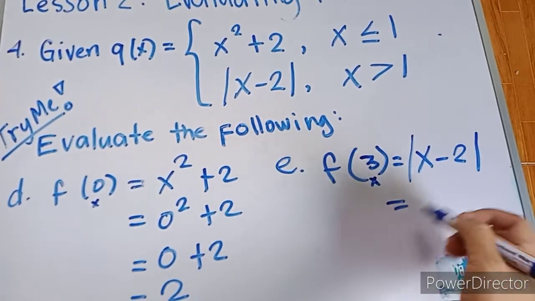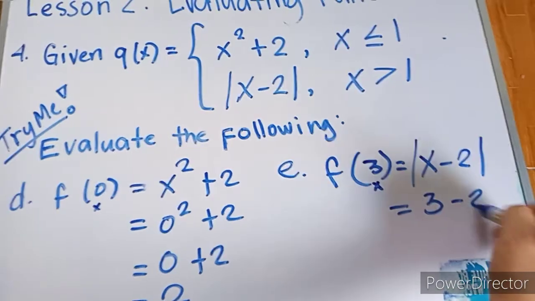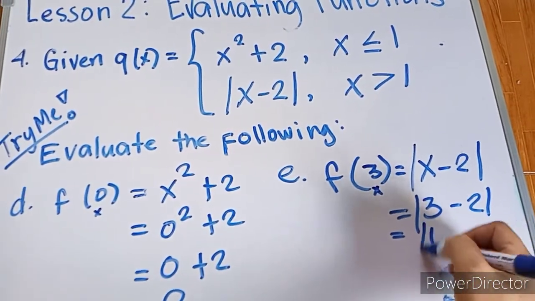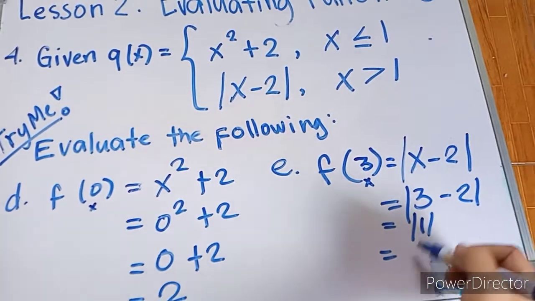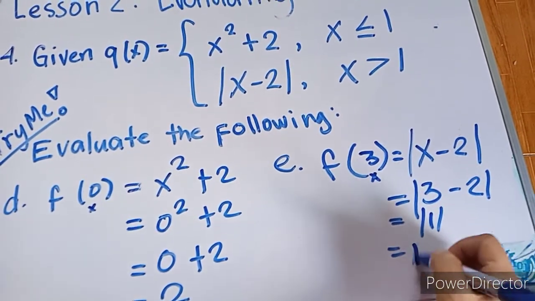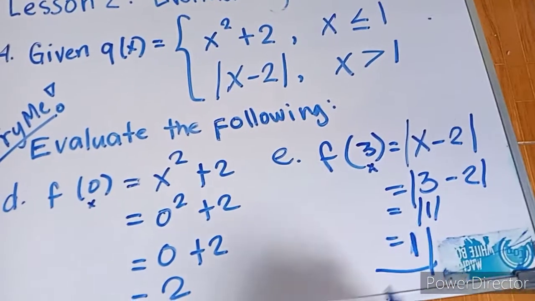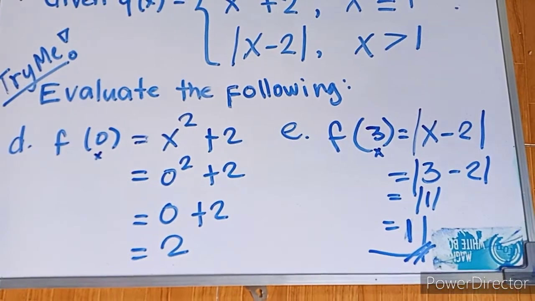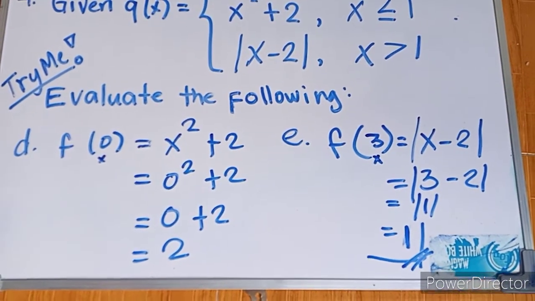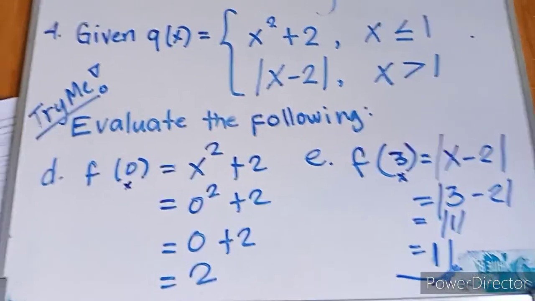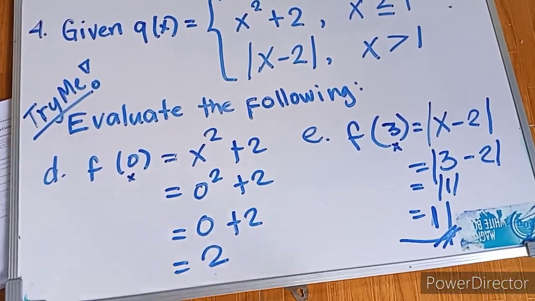Then substitute the value of x, which is 3 minus 2. That is equivalent to 1. Absolute value of 1 is equal to positive 1. So when it is an absolute value, even if it is positive or negative, your answer must be positive.